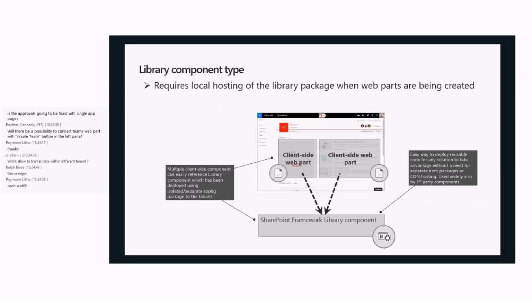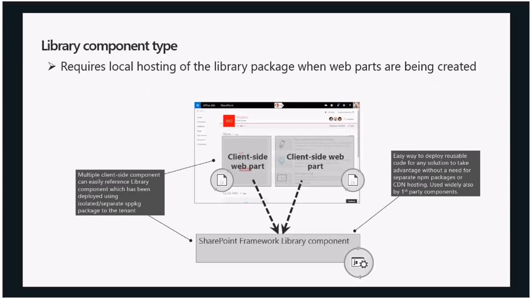We actually use this model also for a lot of the first-party experiences, so we want to provide this to third party. Now, the only challenge around this one is that this works at runtime really well. But when you're actually bundling your SPPKG file, when you're doing development, you will need to be able to reference that npm package, which is your library package, somehow.